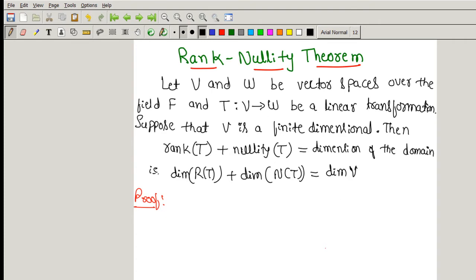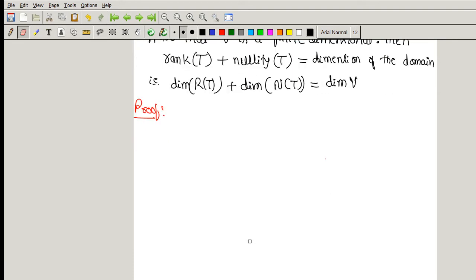So V is finite dimensional and T from V to W is a linear transformation; then rank of T plus nullity of T is equal to the dimension of the domain. Given: V is a finite dimensional vector space.